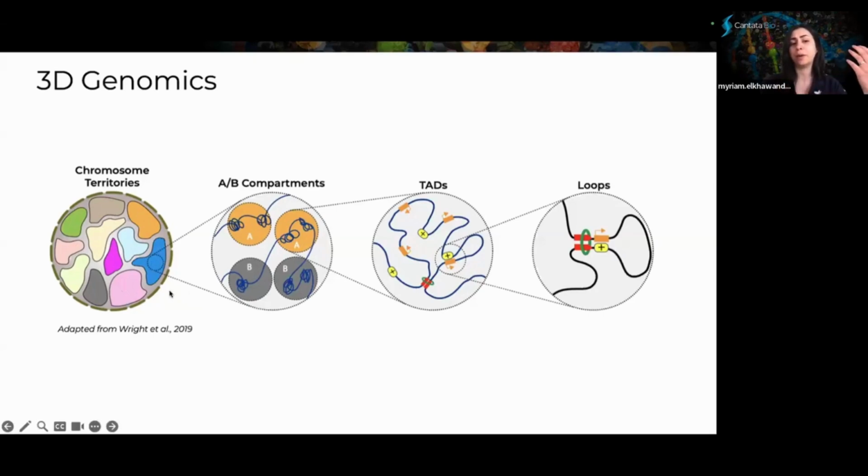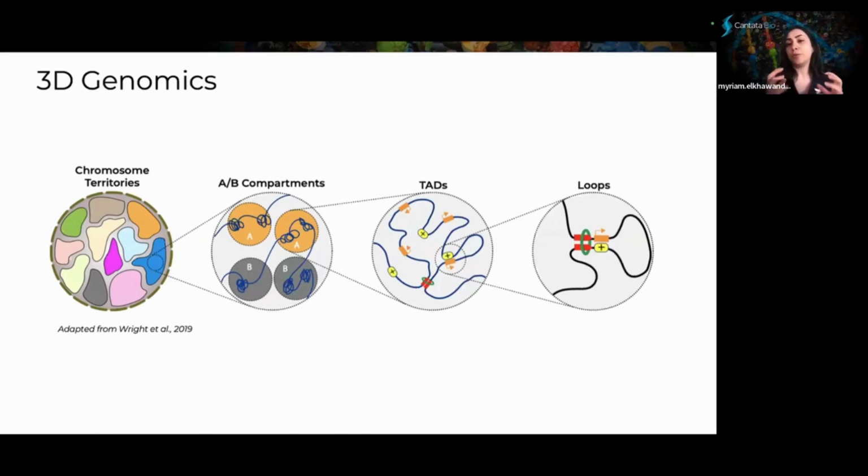If you zoom in a little bit more, you see that the chromosome is organized in A and B compartments. A are those active chromatin that is actually showing a high level of transcriptional activity, versus B that is gene-depleted, repressed, and closed chromatin.